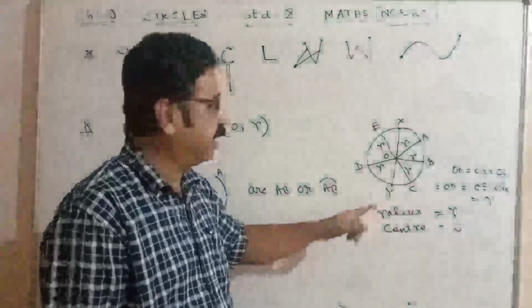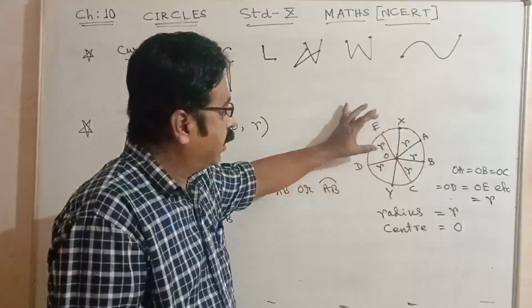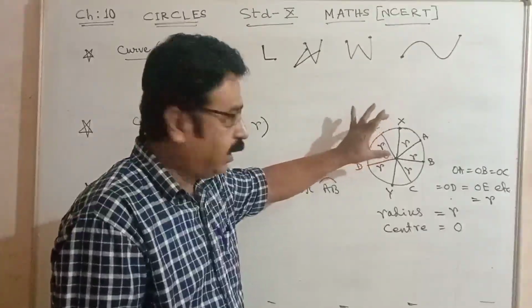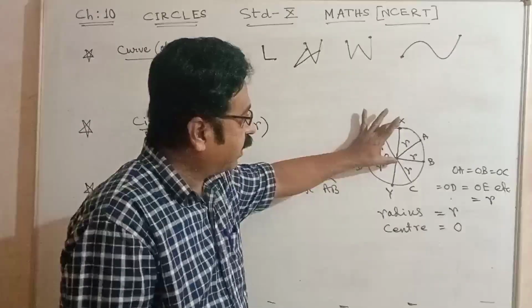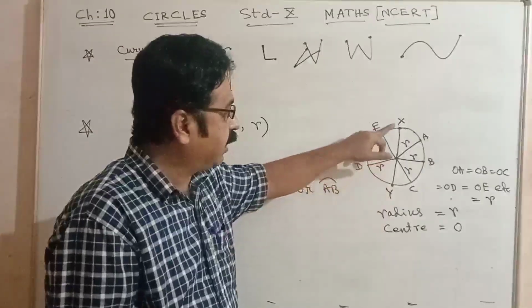XY is a straight line segment. Now you can see that this straight line segment consists of two parts, XO and OY. What is XO?